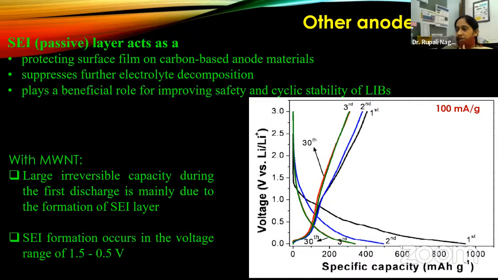So what are the different ways of minimizing it? You can make use of multi-walled carbon nanotubes. Now, this graph is actually for multi-walled carbon nanotubes, and you can see that the SEI formation occurred in the voltage range from 1.5 to 0.5, where you can see that ohmic region, linear region is there.